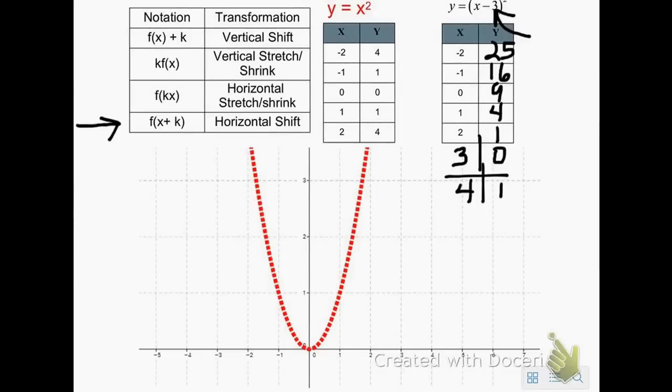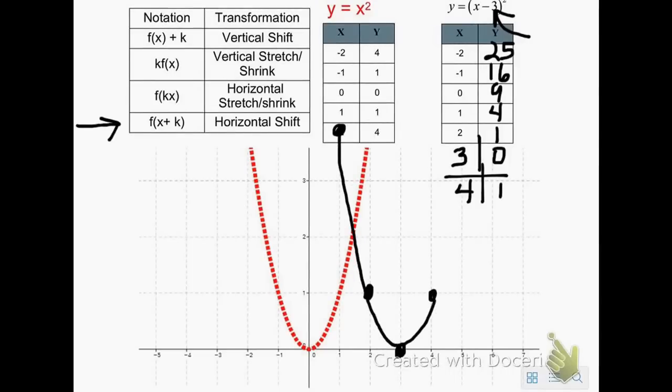The points I can plot are 1 comma 4, which would be way up here, 2 comma 1, 3 comma 0, and 4 comma 1. Connect my dots to make the parabola shape for the quadratic function. And they're identical parabolas. It's just shifted horizontally to the right 3.